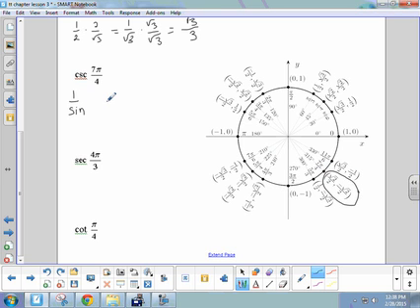That would be 1 over y, which is going to be 1 over, and my y here is negative.